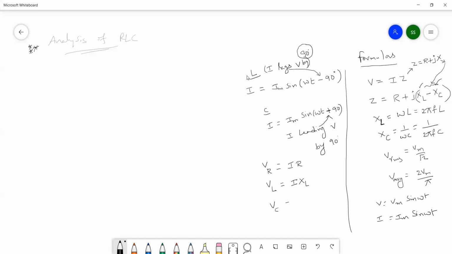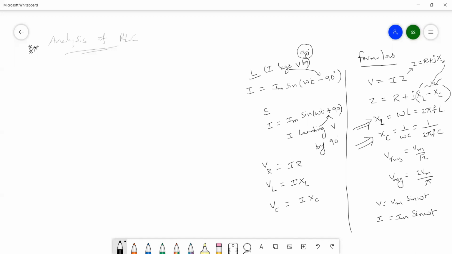Voltage across the capacitor is I into the corresponding capacitive reactance, where we know the formulas for XL and XC. From this we can calculate the I value: I equal to VR by R, I equal to VL by XL, I equal to VC by XC.